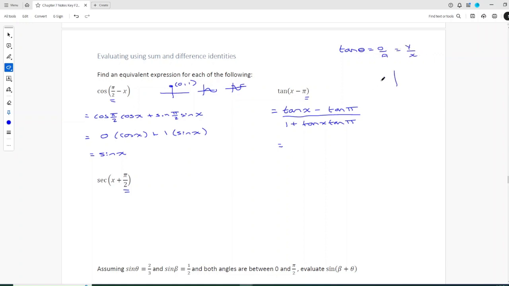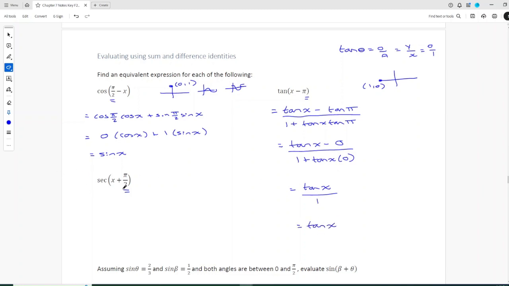So if we're at pi, that's all the way over here, which is going to be 0, 1, 0. So tan x will stay tan x. Tan of pi is y over x, or 0 over 1, which is just 0, all over 1 plus tan x times 0, which is going to leave us with tan x minus 0 is gone, over 1 plus 0, which is 1, which is just tan x.